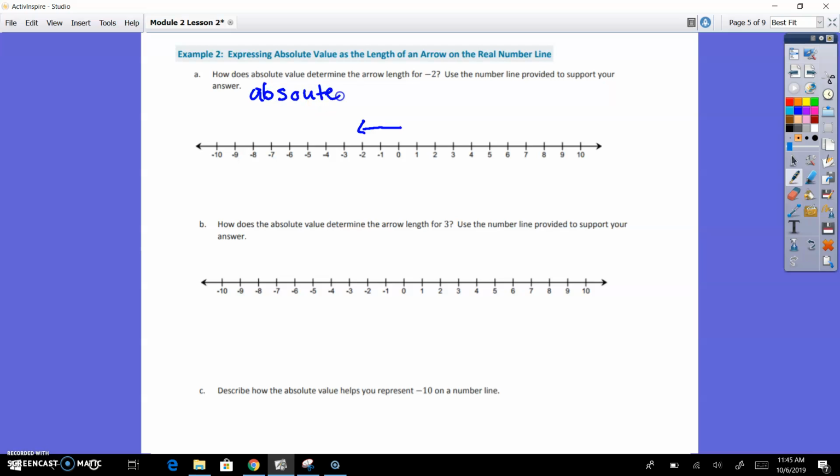Absolute value is the distance between 0 and a number.